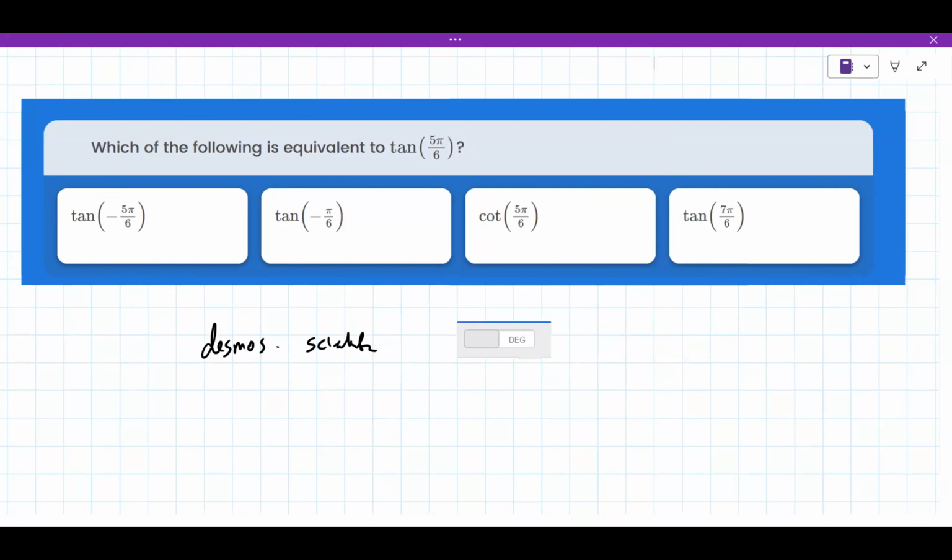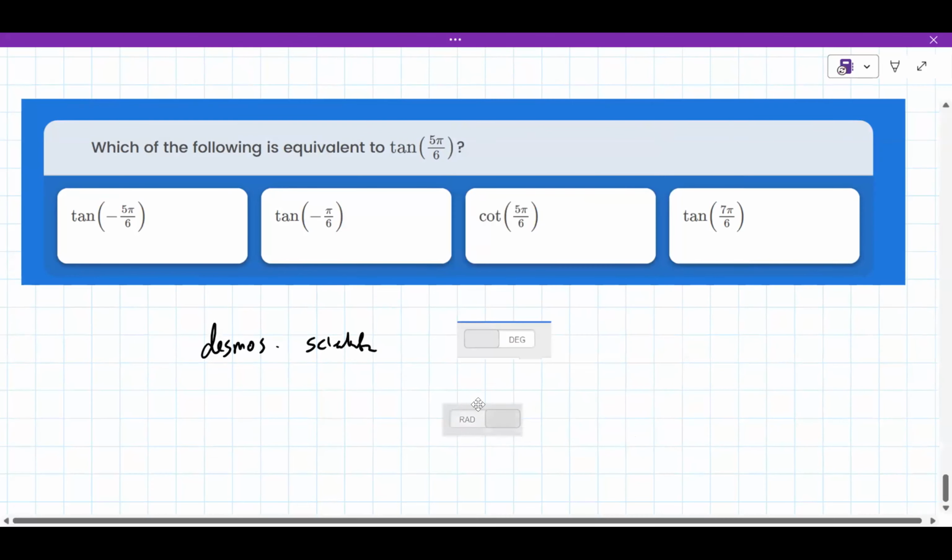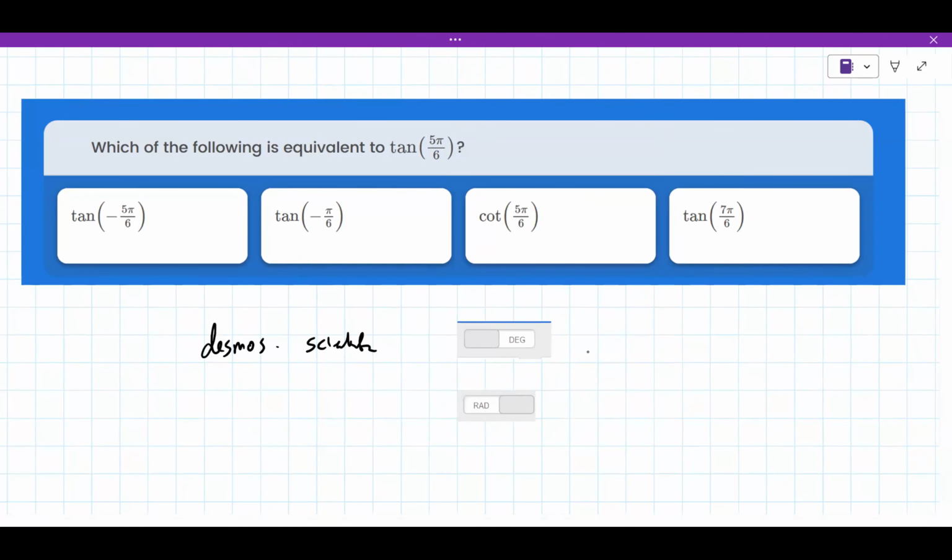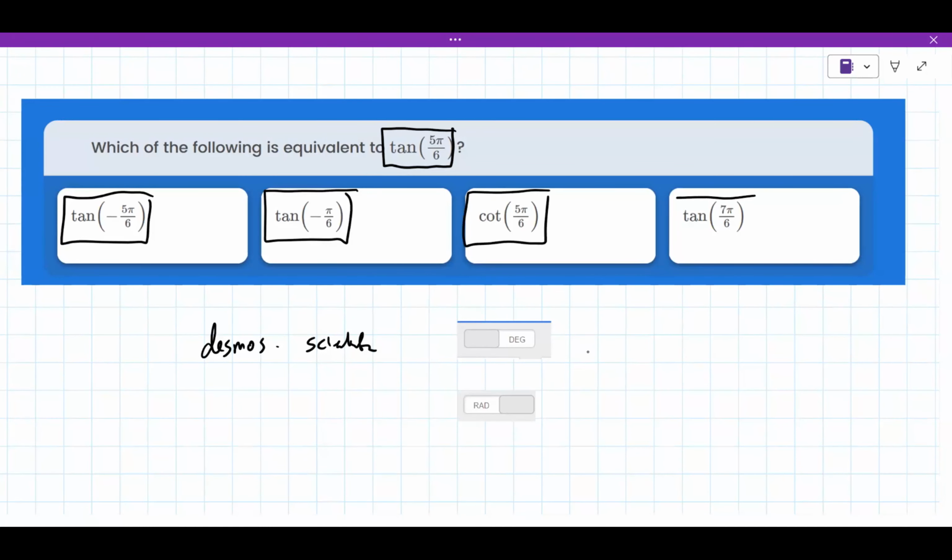It slides to RAD. Once you've done that, put in tangent 5 pi over 6 in the calculator, then each of these in the calculator, and one of them will be the same. Okay.